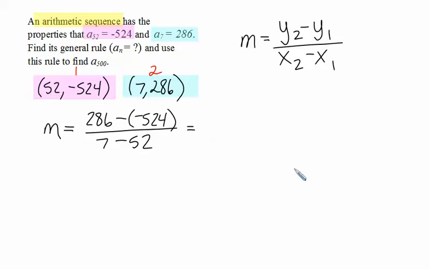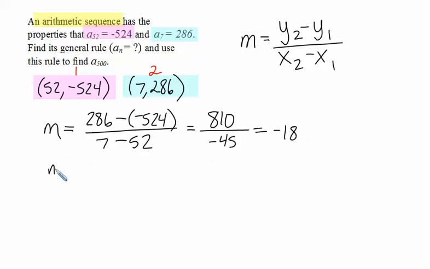Be careful. In the numerator, that turns into 286 plus 524, which comes out to be 810. And in the denominator, 7 minus 52 is a negative 45. And 810 divided by a negative 45 is negative 18.